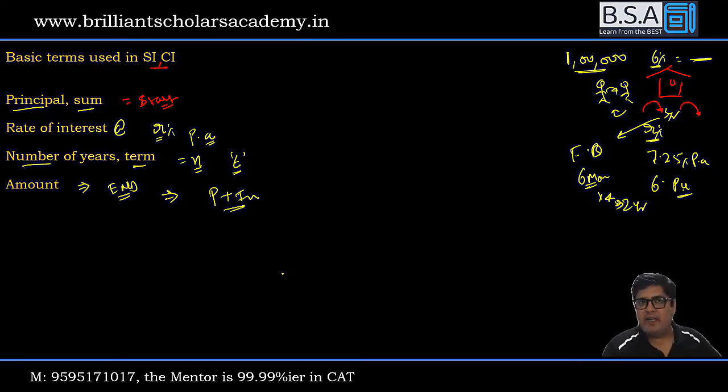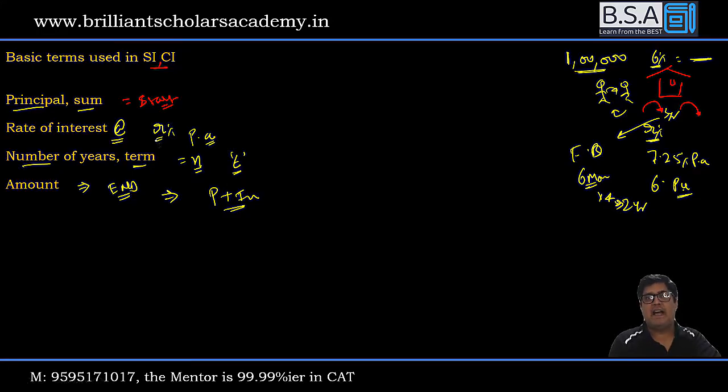What am I doing here? I am defining terms for you. I am defining what is principal. Principal is the money at the start. Either you deposit this money in a bank, you take this money from a bank, you give this money to your friend, or you take this money from your friend. Money at the start is called principal or sum. Whatever extra payments are done every year are defined through percentage.